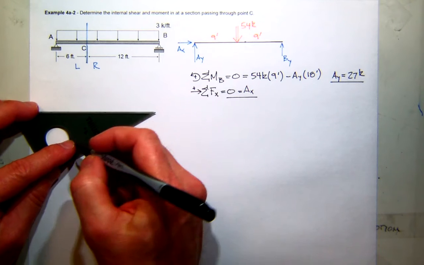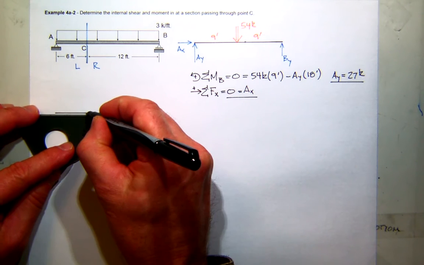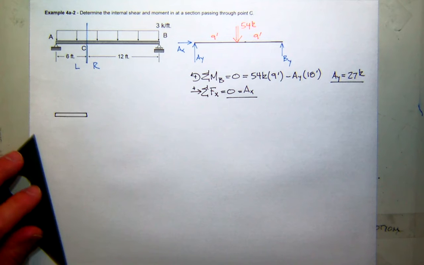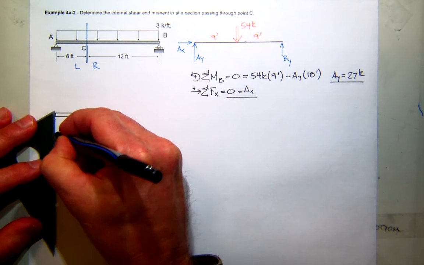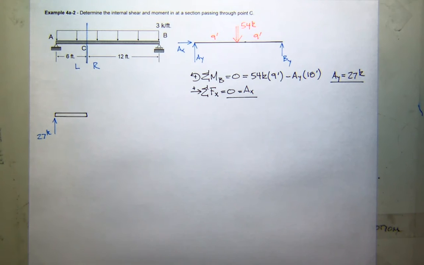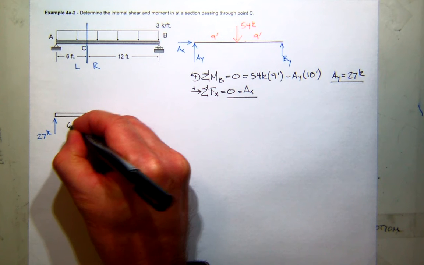So now I'm going to come down here and draw my free body diagram. And on that I'm going to put my reaction forces. I found AY to be 27 kips, so I'll put it on there. That distance is 6 feet.